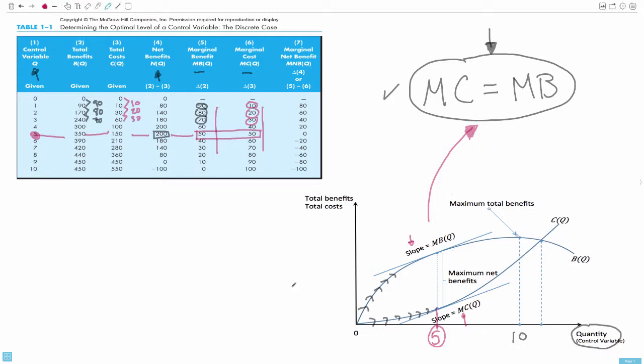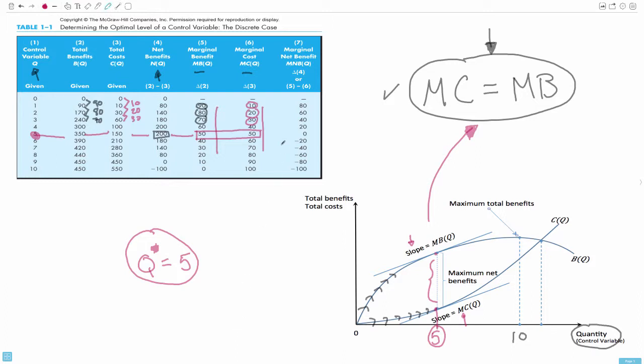Notice that it is at this level of production, Q equal to 5, and I am going to use this star to denote the optimal production level, where the difference between total benefits and total cost is maximized. This is the goal of the golden rule, to maximize the difference between total benefits and total cost, and this is achieved when Q, the amount of production, is equal to 5.